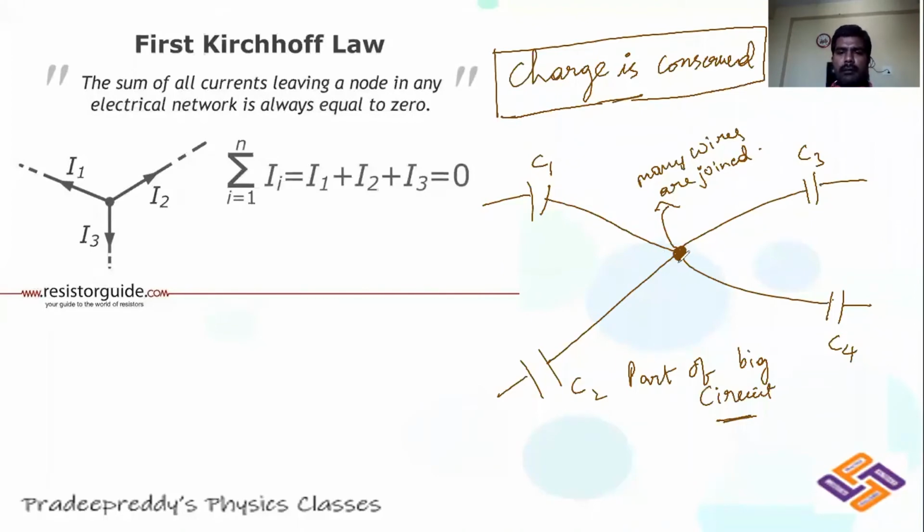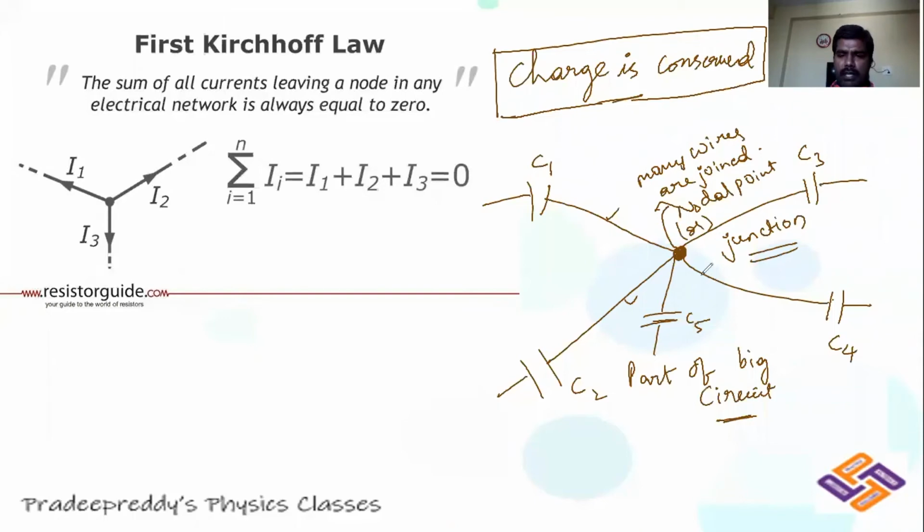Like here there is a combination of two wires, right? This is one and this is the other one. Similarly, you can take one more capacitor here, like it can have value C5. Now there are three wires which are being joined, and this point is called a nodal point, or you can call it a junction.